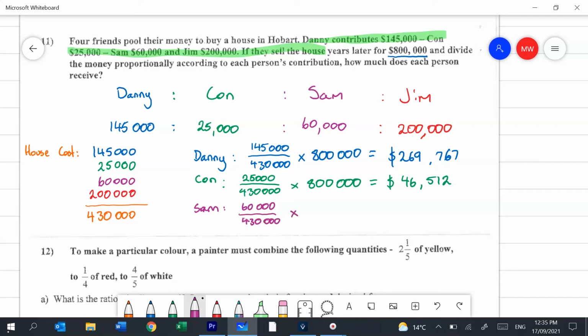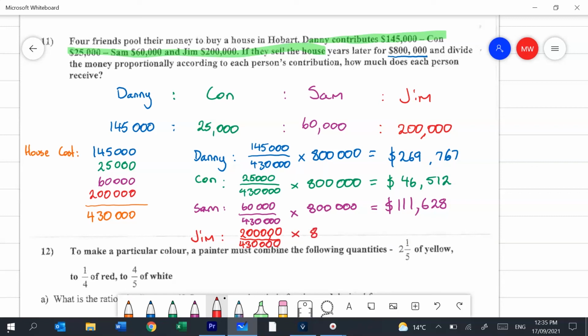So his fraction or portion or ratio of the 800,000 will be 111,628. And finally, Jim, who put in the most, put in 200,000. So we should expect him to get the most back of the 430,000, nearly half.